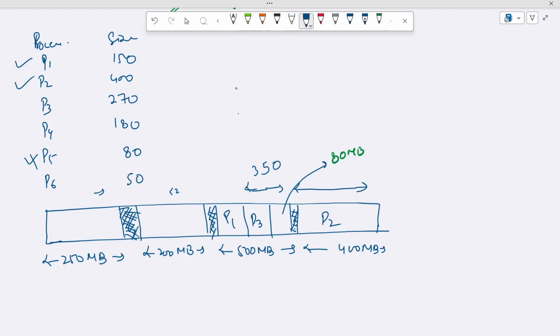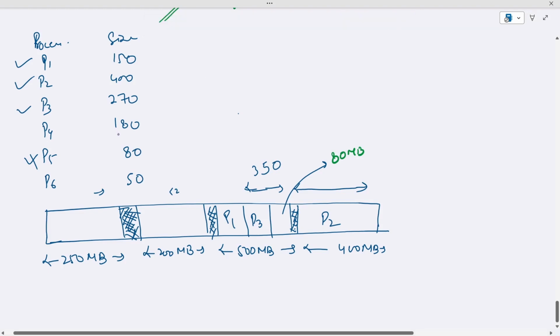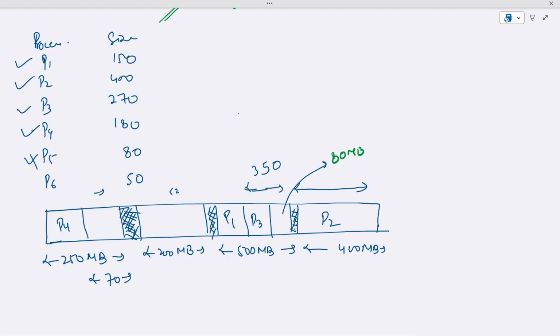Now P3 is completed. It is P4's turn. P4 needs 180. First of all, see the highest block. It's the first block, which has the very highest space. So P4 needs 180, and definitely we have to provide P4 over here. The space left is 70 MB. Now next is P5, 80, and the highest space is only the third block.